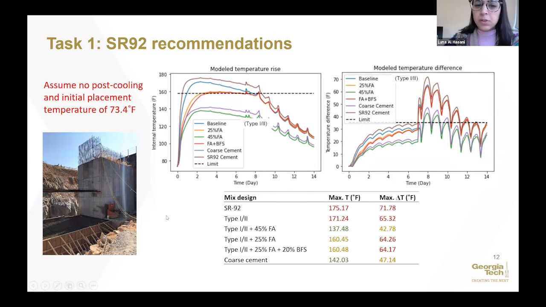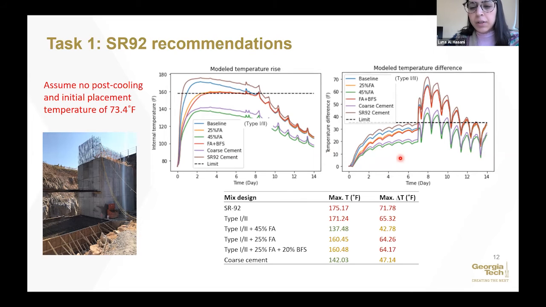So the conclusions that we came up with from this part of the task are, first, the contractors could have pre-cooled the structure a little bit further in order to have a wider range of mix designs that could work. They could, of course, use an alternative mix design than the OPC only mix. I know they had restrictions with respect to using SCMs, but they could have used a coarser cement.